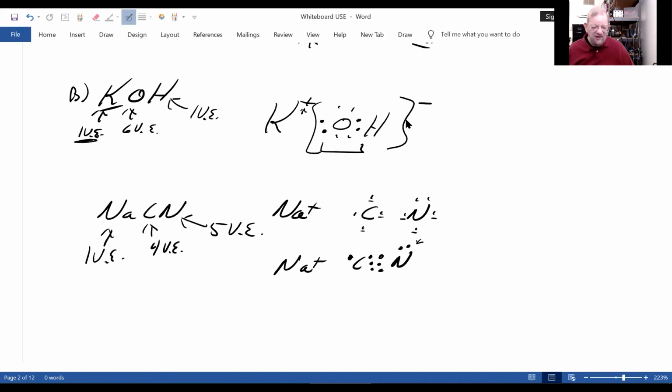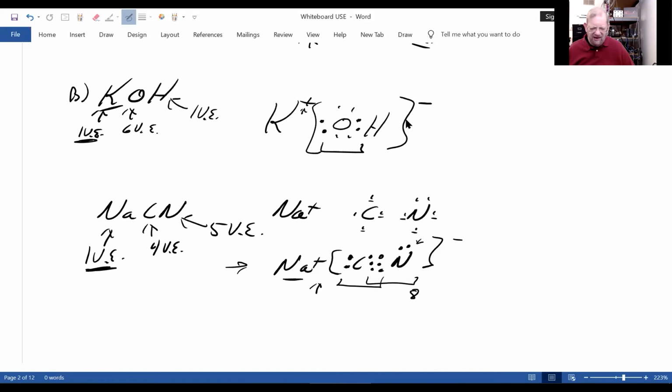And now nitrogen has its octet, but wait, carbon only has 7. Where does it get 8? Where does this valence electron go? It leaves, and that's how it forms a cation. It goes to carbon, and you now have the cyanide anion. And this is the structure of sodium cyanide.